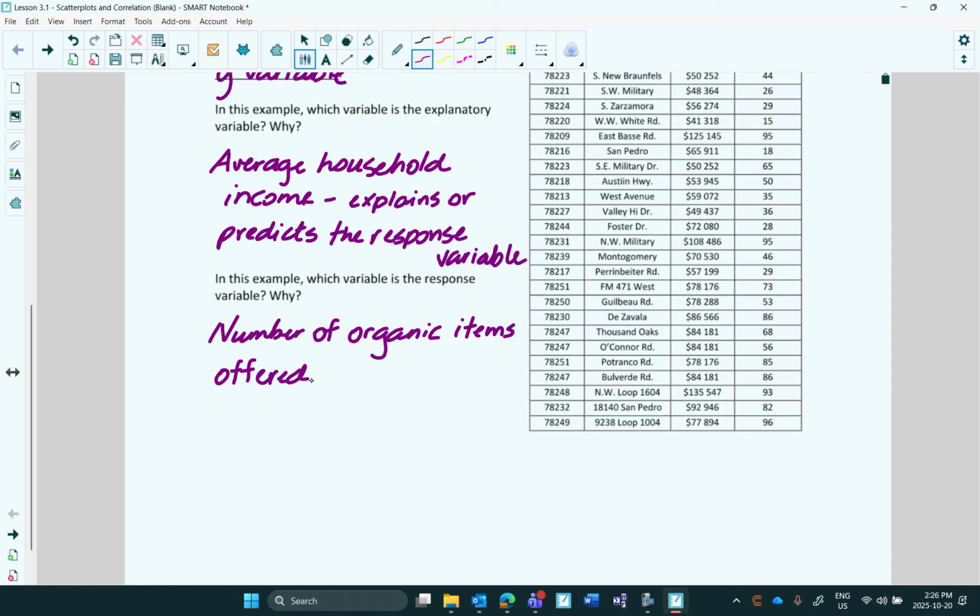Okay. Because it's the variable attempting to be predicted, or it's the one that depends on the explanatory variable. Okay? So it depends on explanatory variable.